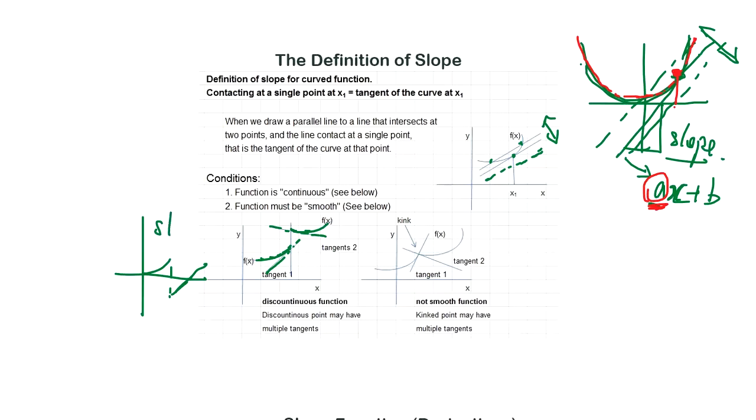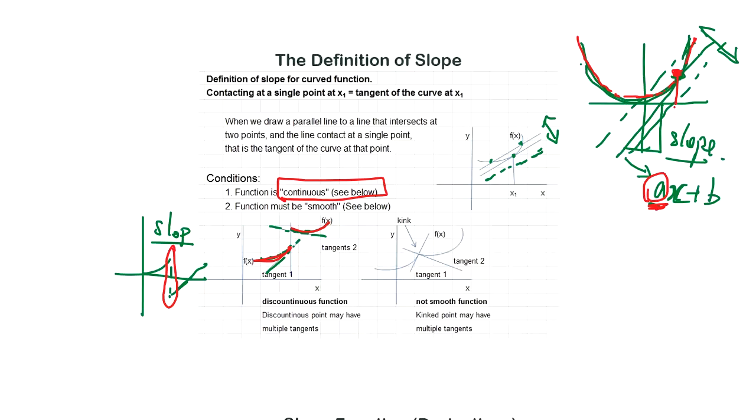So the slope function of this kind of function is not continuous, it is going to cause some discontinuity. Okay, so we deal with only continuous functions here.